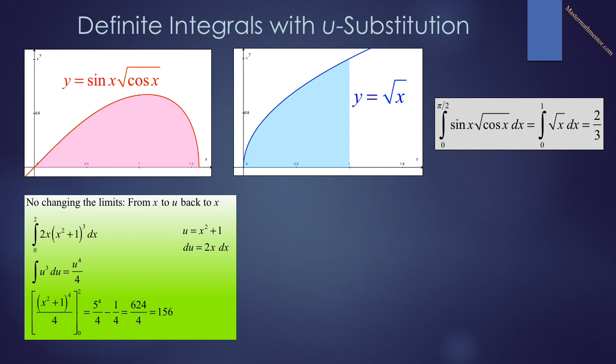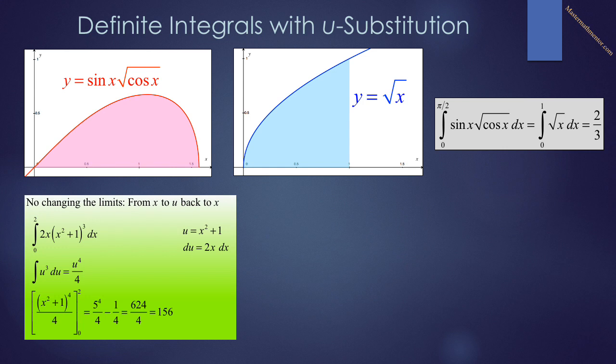So this problem becomes the integral of u to the third du, and that is u to the fourth over 4. But realize that u was a product of something that we created, so we have to change it back to x. So we started with x, we changed to u, but now we're going to go back to x.